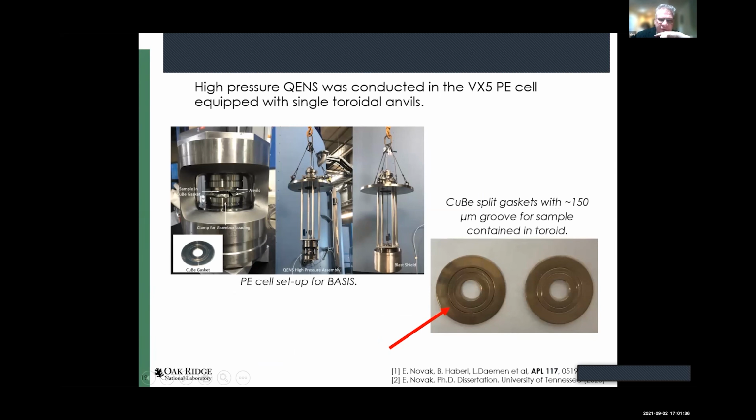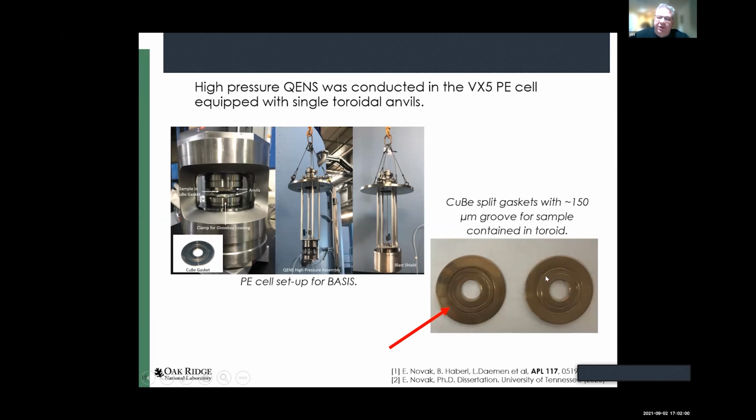And so here's the Paris-Edinburgh cell. And to do the measurement, we actually have to have an annular sample. Because of multiple scattering corrections and effects, we don't want a bulk sample in the middle. We'd rather have a very thin-walled annular sample. So this was a specially designed gasket to do that.